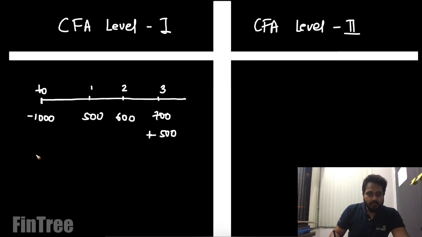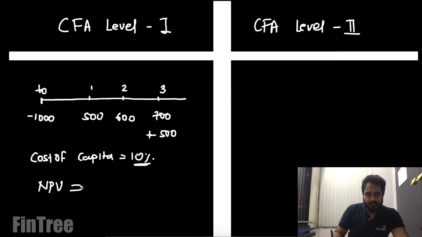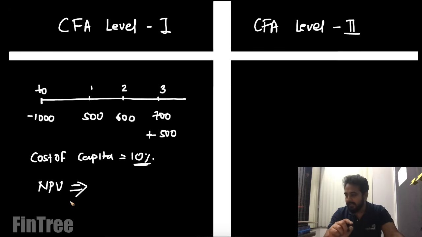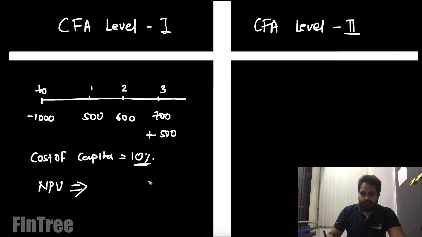And then they will tell you that the cost of capital is 10%, and you would be required to do the NPV. I want you to do this NPV for me just as a super quick warm-up. Calculate the NPV and throw the number at me, please.